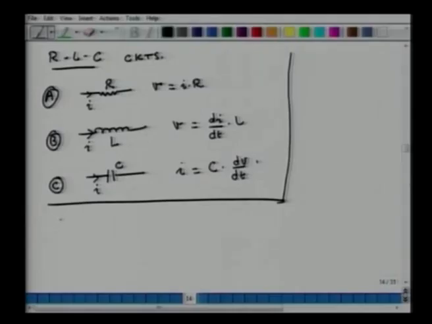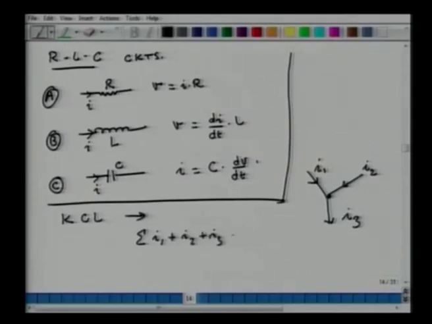Then we have Kirchhoff's current law, which essentially says that if I have a node through which there is flow of currents I1, I2, I3, then the summation of I1 plus I2 plus I3 equals 0.